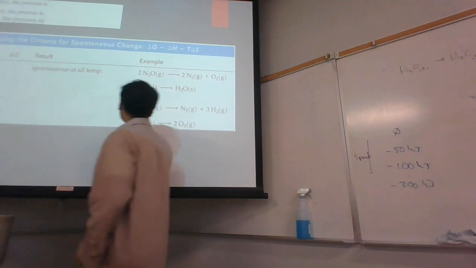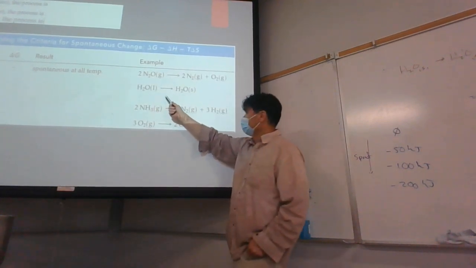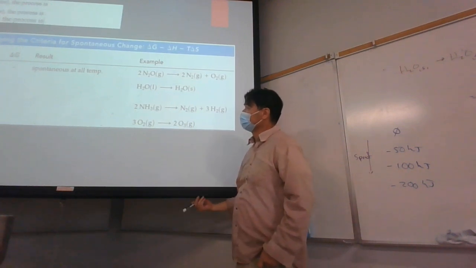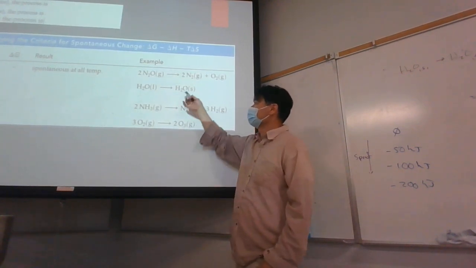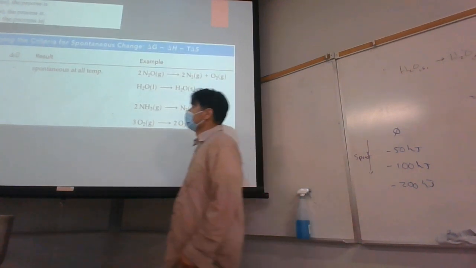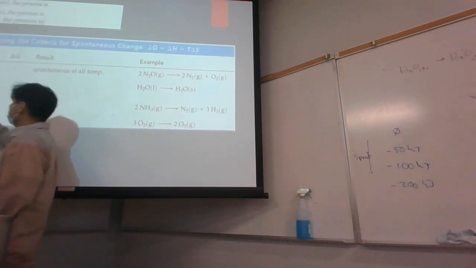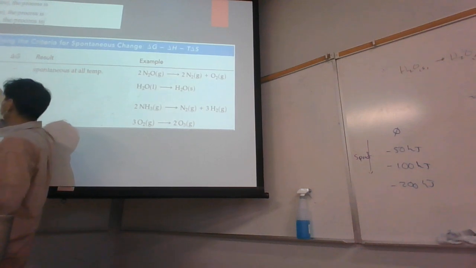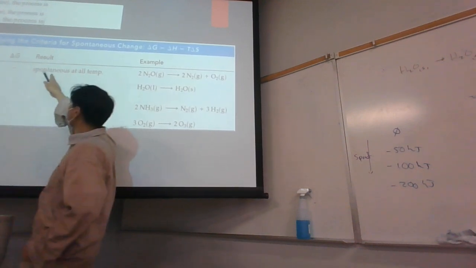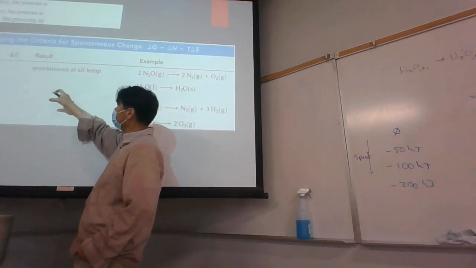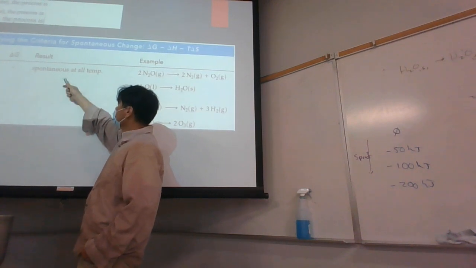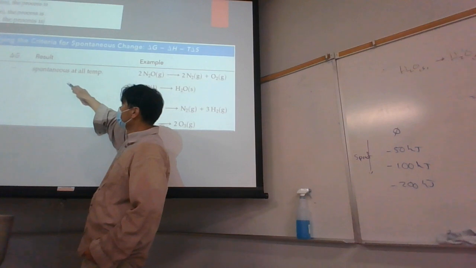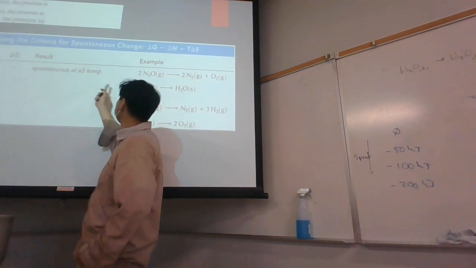However, the entropy, in order to freeze it, which is more ordered, liquid water or solid ice? Solid ice is more ordered, so the entropy is actually going down. And so this is a case where the enthalpy is favorable, but the entropy is not. And so what we need to do is minimize the entropy term. In order to minimize the entropy term, we need to dial down the temperature. Lower temperatures will make the entropy term less significant. So this is spontaneous at low temperature.